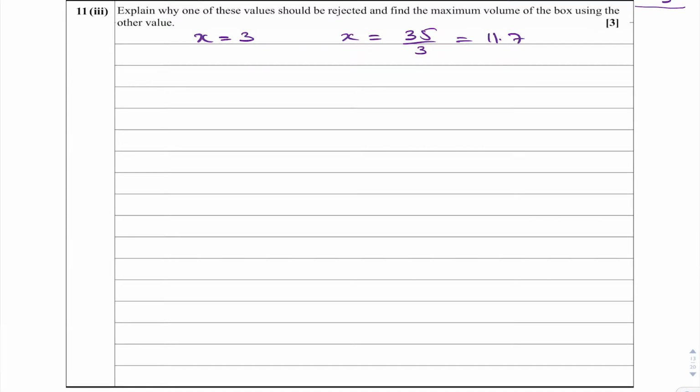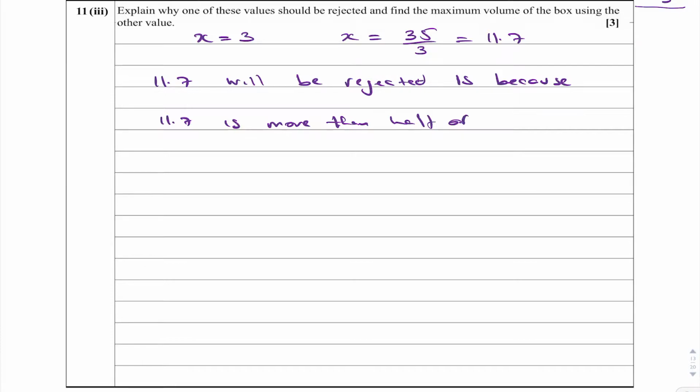The reason why 11.7 will be rejected is because 11.7 is more than half of 14. And that's why it will be rejected.